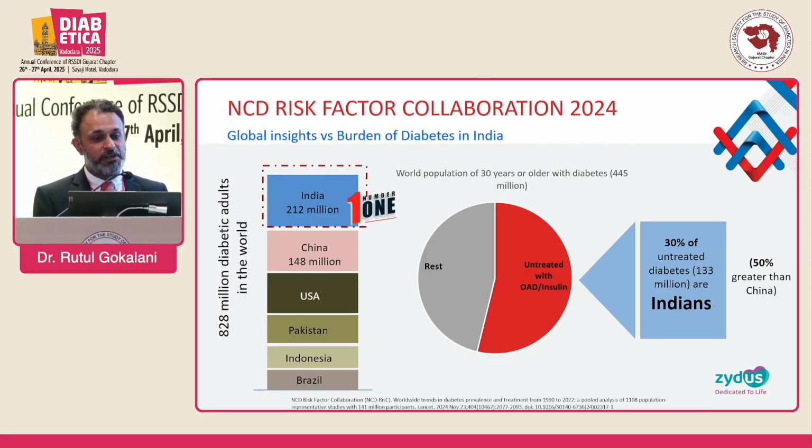So if you see the data of NCD Risk Factor Collaboration 2024, and it is not about IDF Atlas, this is very much different data from what IDF Atlas says. According to this NCD Risk Factor Collaboration 2024 data, India is on top, and almost 21 crore people are suffering from diabetes.